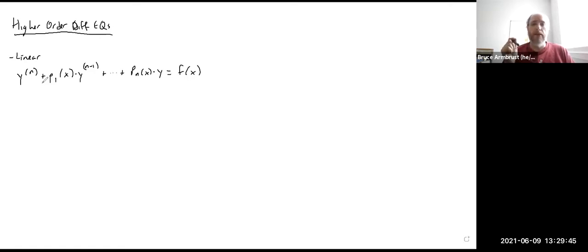But when we got to second order, we've just been targeting the linear, and so this is really kind of a natural progression. There are techniques to deal with nonlinear, but that's beyond the scope of this class. And if you take more math later, more classes that are specifically about differential equations, you'll see that. Anyway, so these guys are going to be linear.